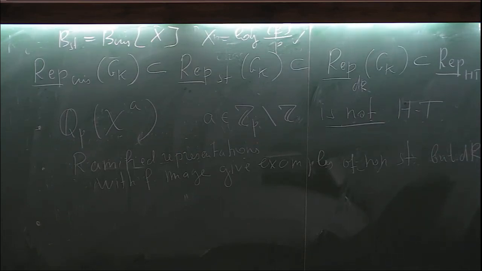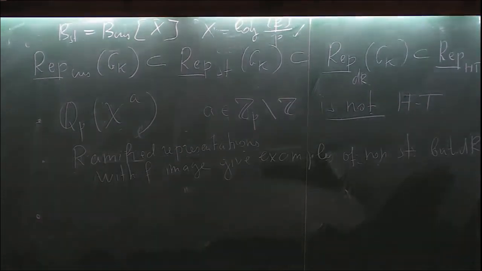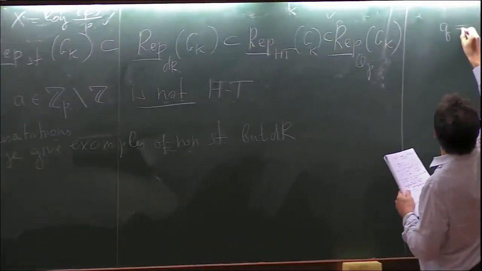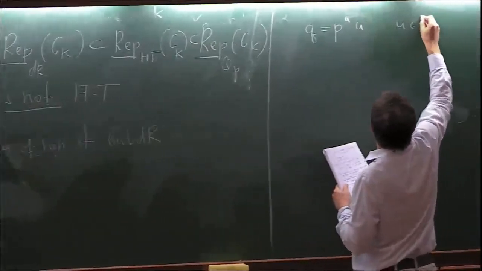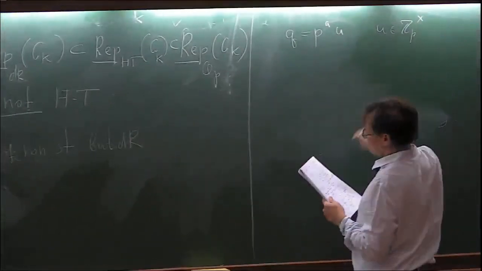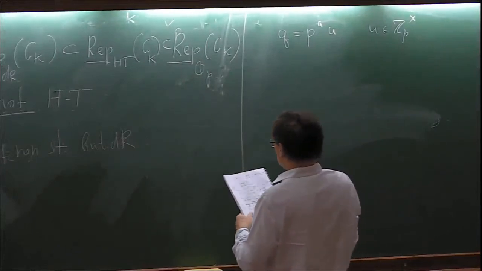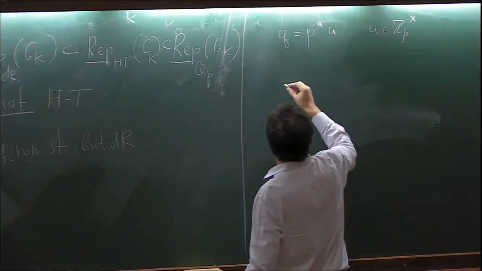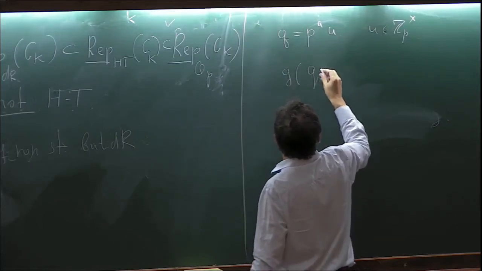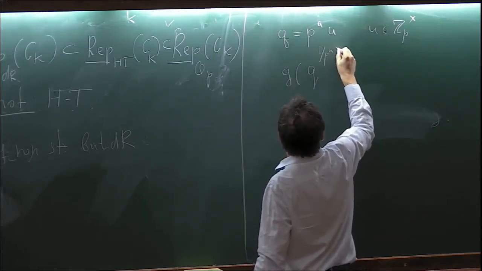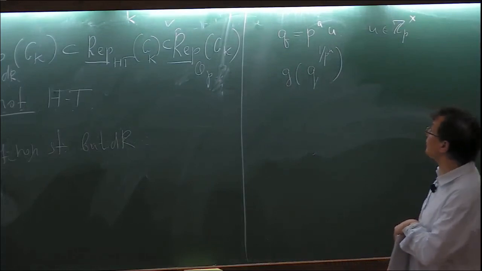So let's define, take q, say a power of p times a p-adic unit, and consider the action of the Galois group on the roots of p and roots of q.